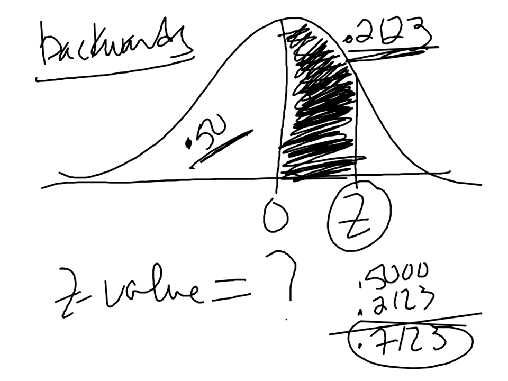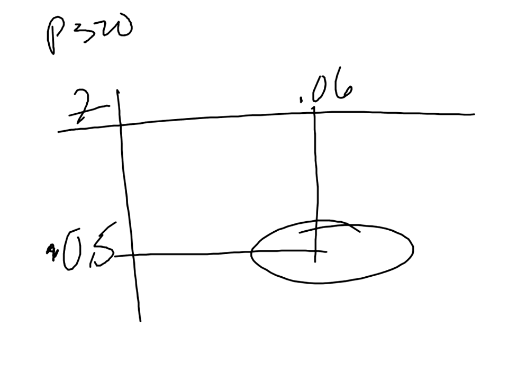Now we go into the actual values in the table, and we find that 0.7123, and we go up and over, or left and up.